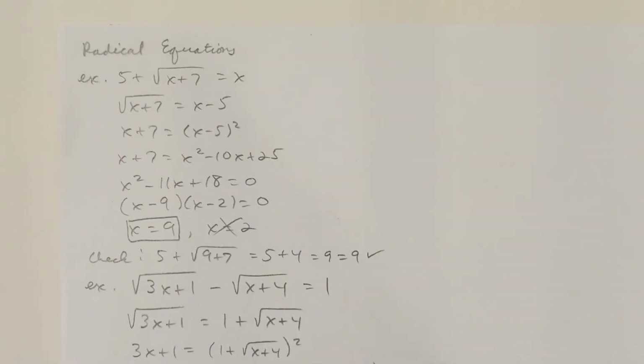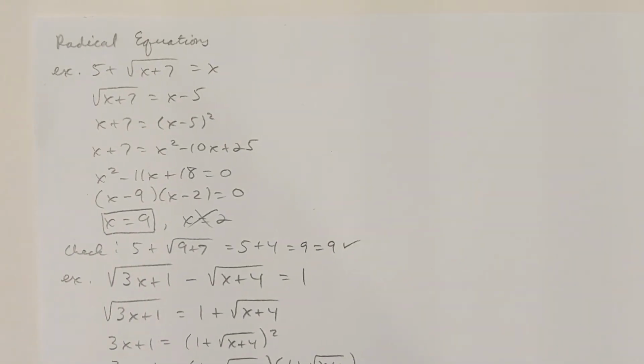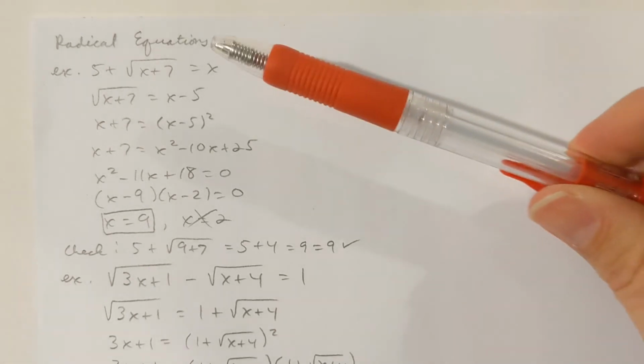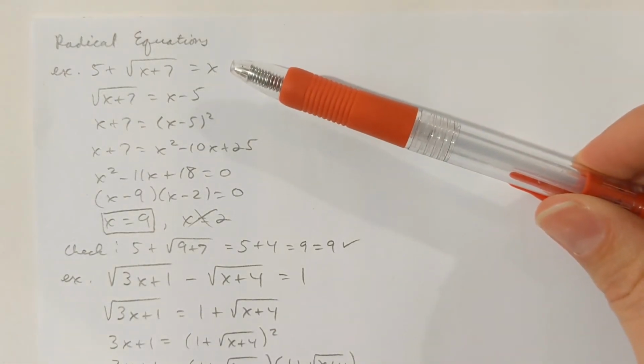Okay, another type of equation that we need to solve here is called a radical equation. And we'll be working with the equations that would involve a radical such as a square root or a cubed root or something like that. Here's an example, and I want to solve this equation for x.